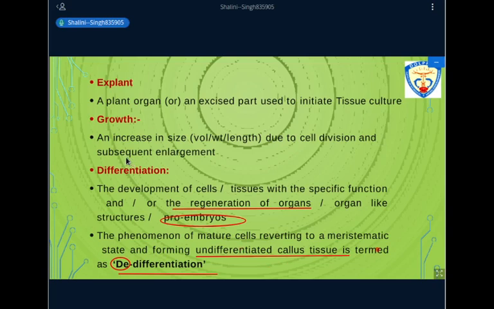Which type of cells? Actively dividing and non-differentiated cells. Then this tissue is known as callus, and this process is known as de-differentiation. So you have converted a differentiated explant into a non-differentiated callus, and this process is known as de-differentiation. Clear, or any question in this?